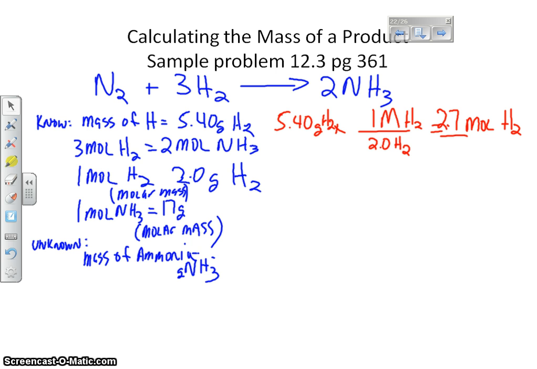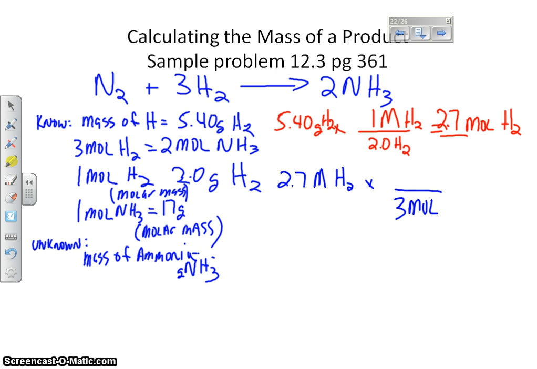Step 2, change the moles of given to moles of unknown by using the mole ratio from the balanced equation. So we take what we just did, which is 2.7 moles of H2. That's the given. So what's our H2? Our H2 is a 3.